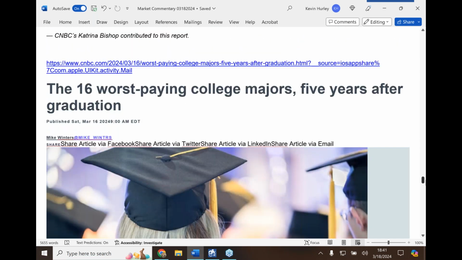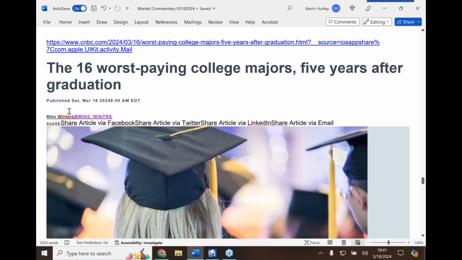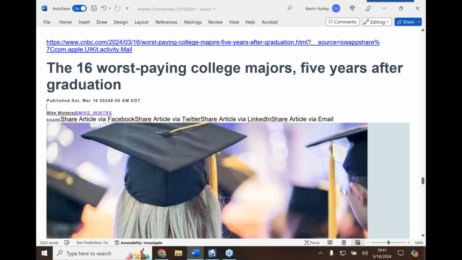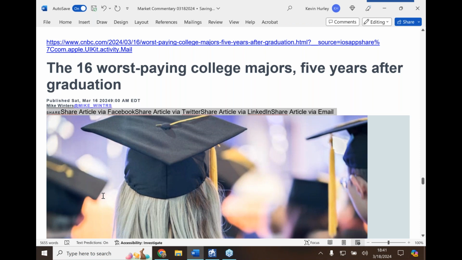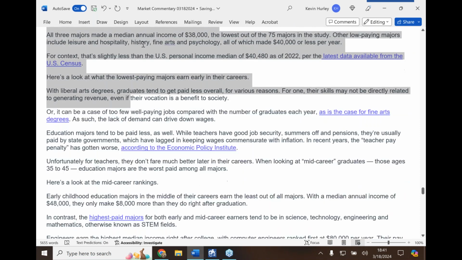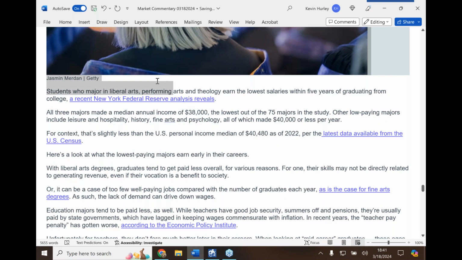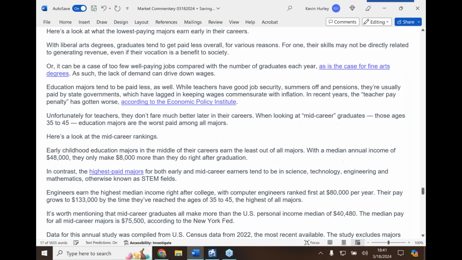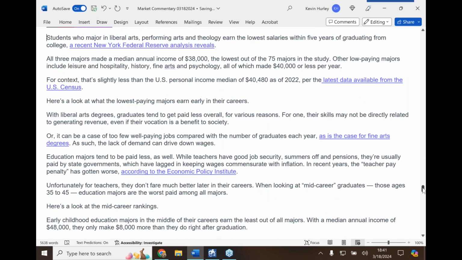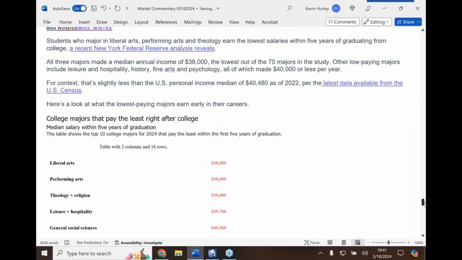And then I found a pretty interesting article in regards to what jobs are paying very little after a four-year degree. There are two different charts for the low end and the high end in here.